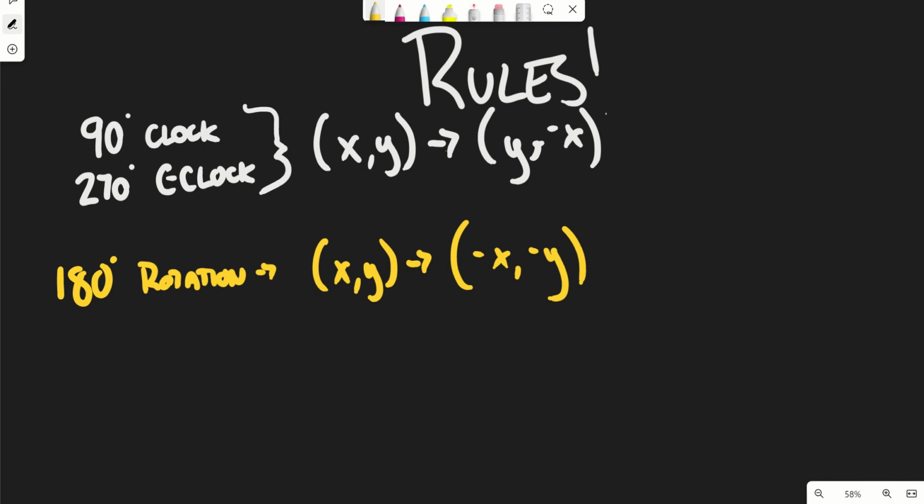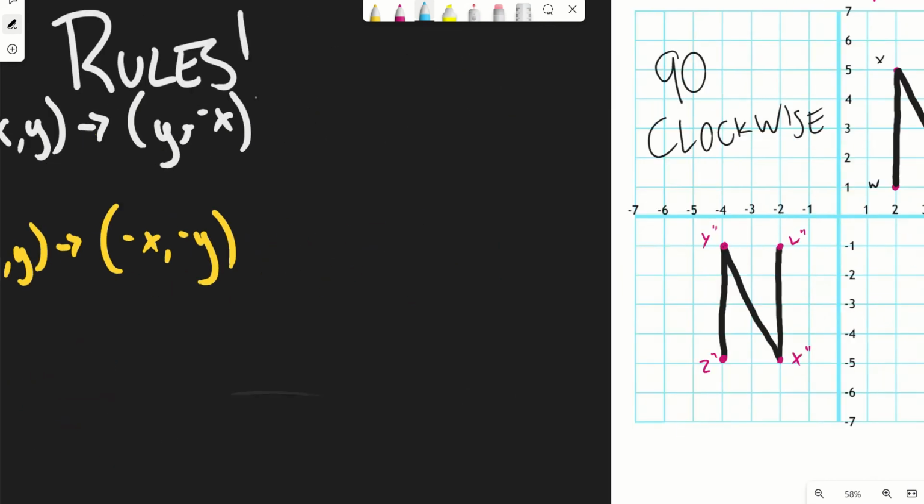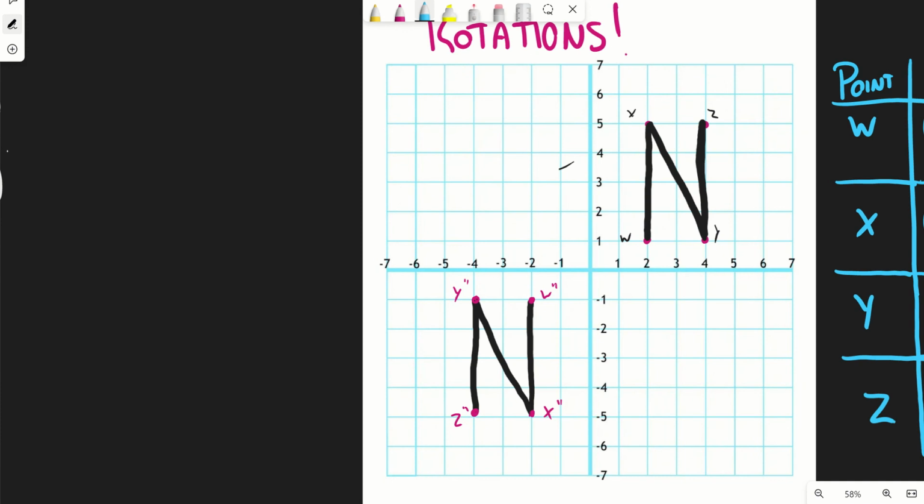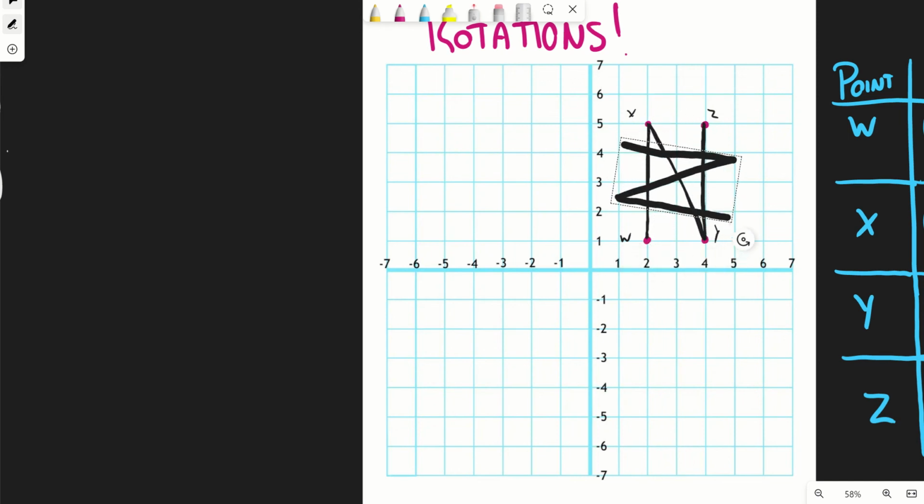One last turn. We've done 90 degrees clockwise. We've done 180 degrees. What we need to do is 270 degrees clockwise or 90 degrees counterclockwise. Let's see what that would look like. So if I'm starting here, then I'm taking my shape and I am moving it 90 degrees the other way and bringing it on over.